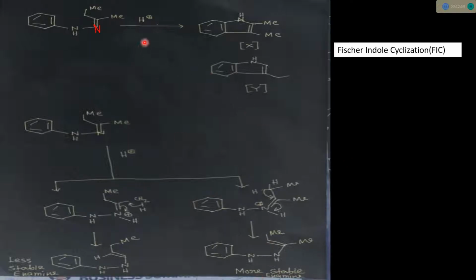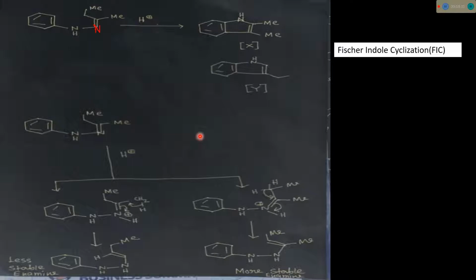So if we use acetic acid, meaning a weak acid, as a source of H plus, then it is more selective. It prefers the path of the reaction where the more stable intermediate forms.